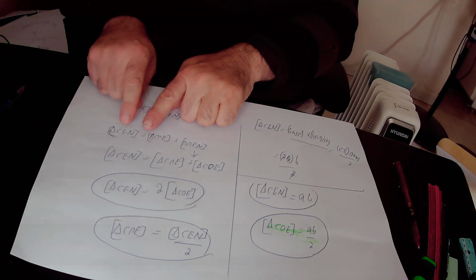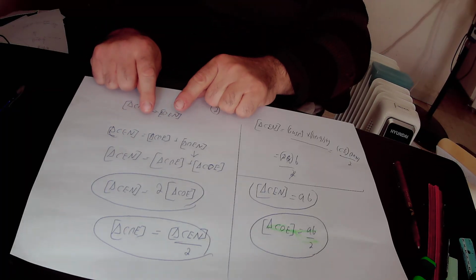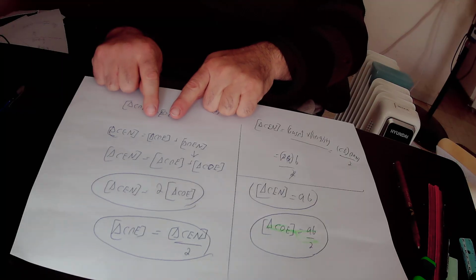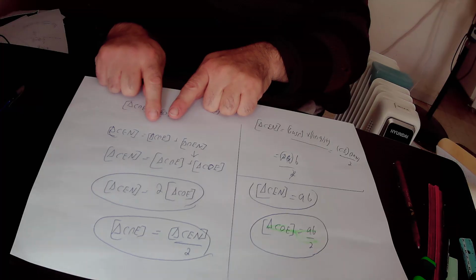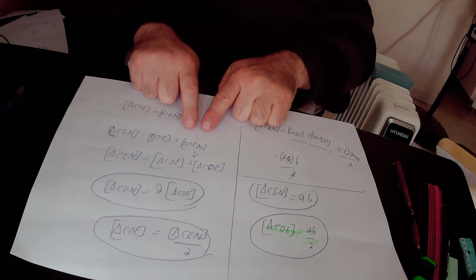So in total, the area of the big triangle CEN equals the sum of the areas of the two components that it consists of. This is to say, it is the area of the first component, the green triangle COE, plus the area of the second component, the triangle OEN.